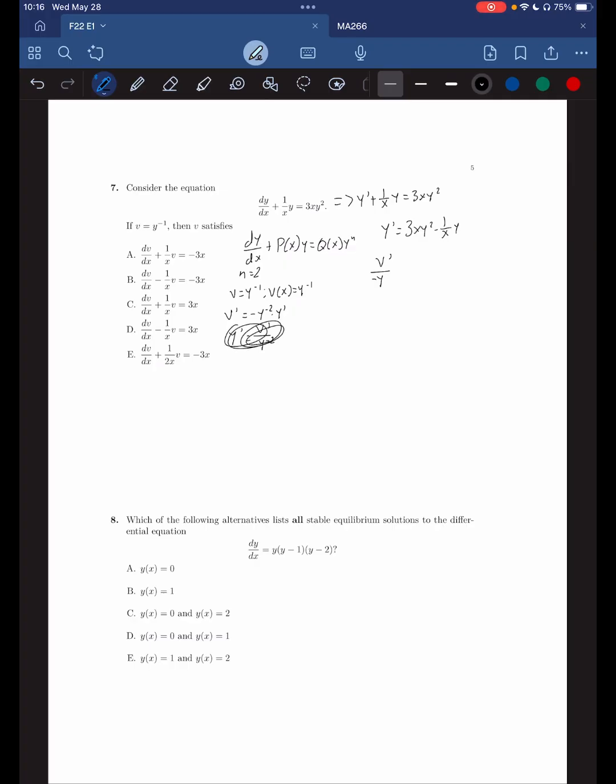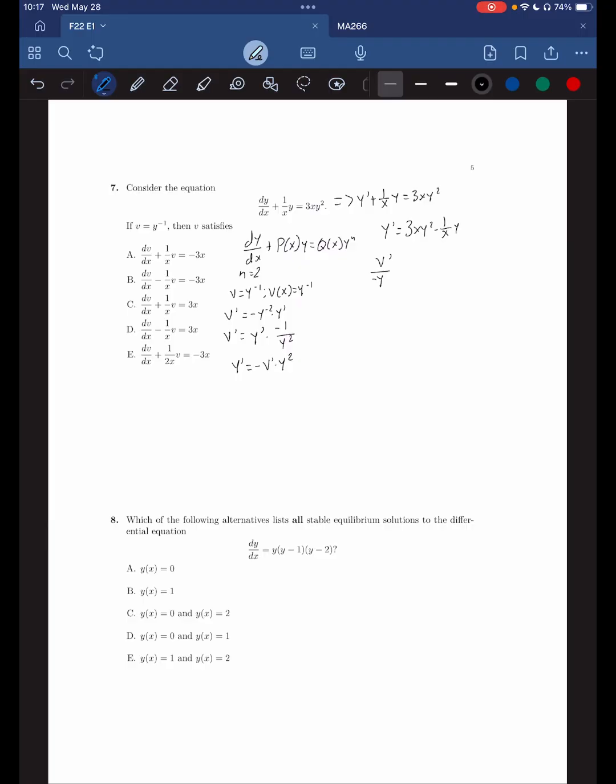Sorry, this is some bad algebra. I want to rewrite this. V prime equals y prime times minus 1 over y squared. So when I multiply that over, you get y prime equals minus v prime times y squared.